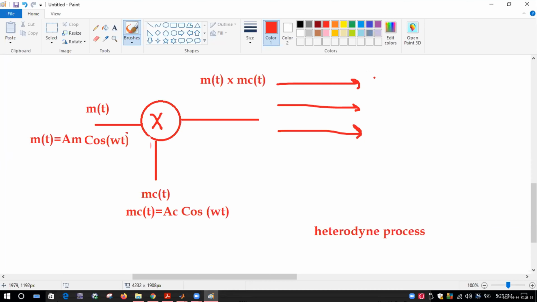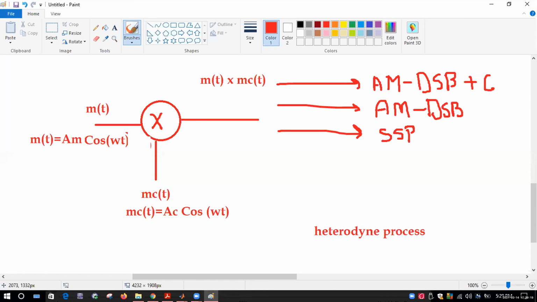Either we can have an amplitude modulated signal with double sidebands plus carrier, or we can get an amplitude modulated signal with double sidebands, no carrier, or we can get just a single sideband. Now you may ask, what is this sideband? What is this double sideband?